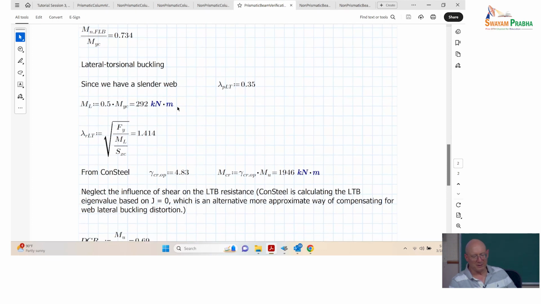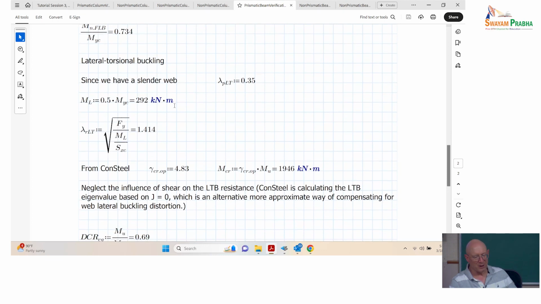The moment at which we consider that we transition from elastic lateral torsional buckling to inelastic, that's been lowered, however. It's 0.7 My in the 2022 standard, but we argued until we were blue in the face, look, here are all these experimental results, it's saying that's going too far.